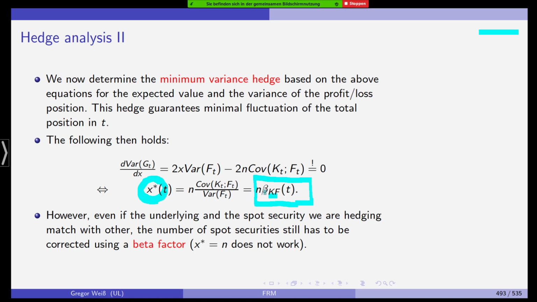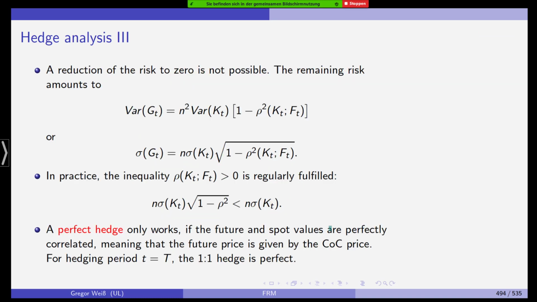What's the word for Korrekturfaktor in English? This adjustment is not 1. We need to correct for this correlation between the futures and the spot price.